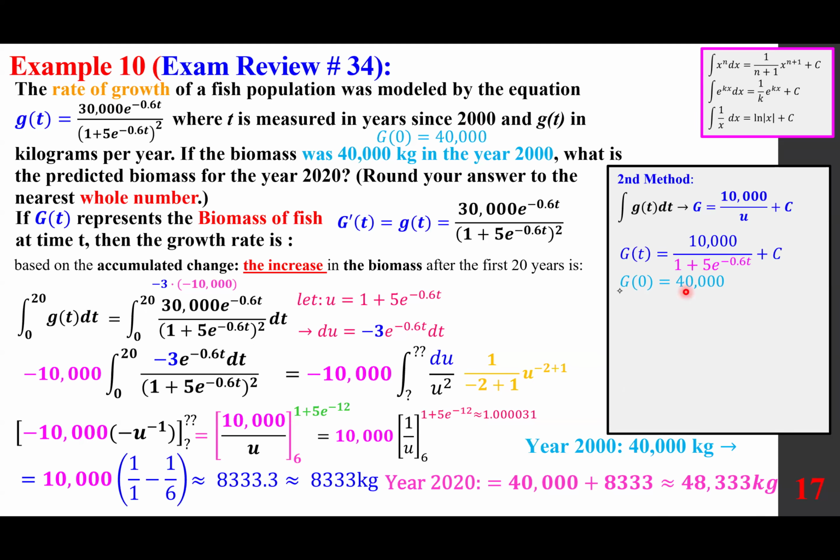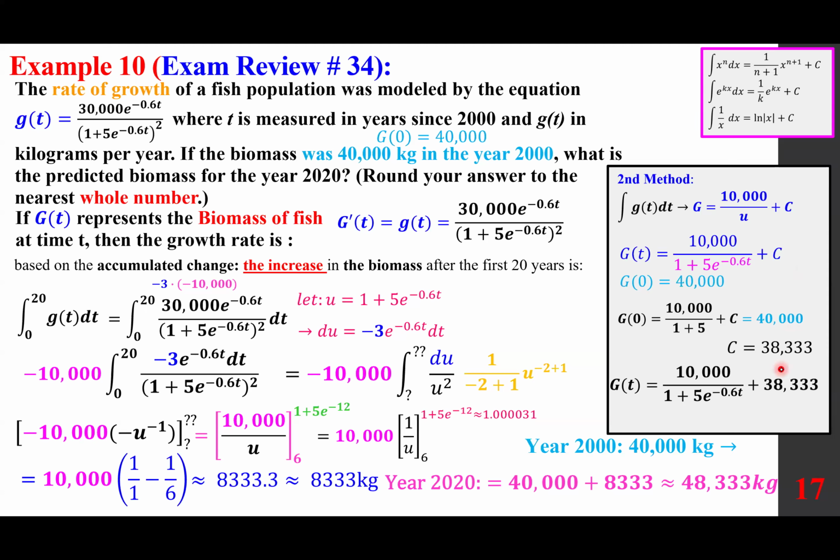Now, with the help of g of 0, we're going to find one solution. So let's plug in 0. So 10,000 over 1 plus 5 plus c is 40,000. Use a calculator, and you end up with the c. And the function, which is a general function, now becomes a particular function by replacing this c with 38,333.